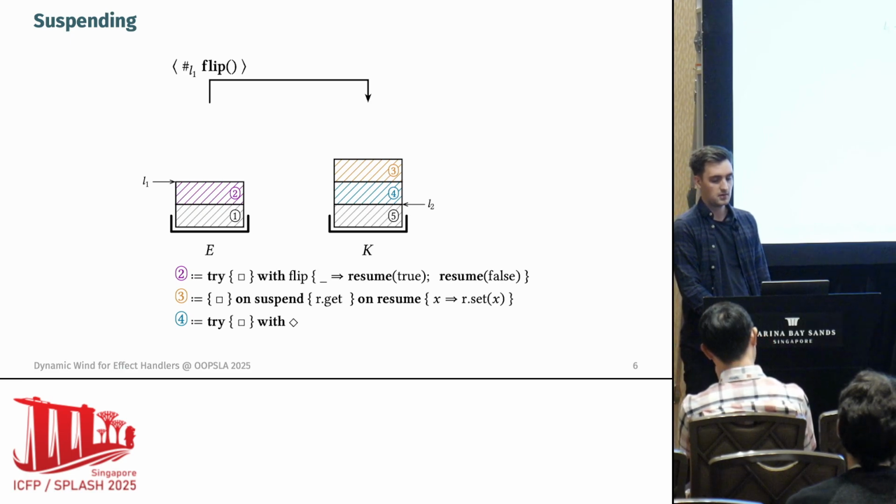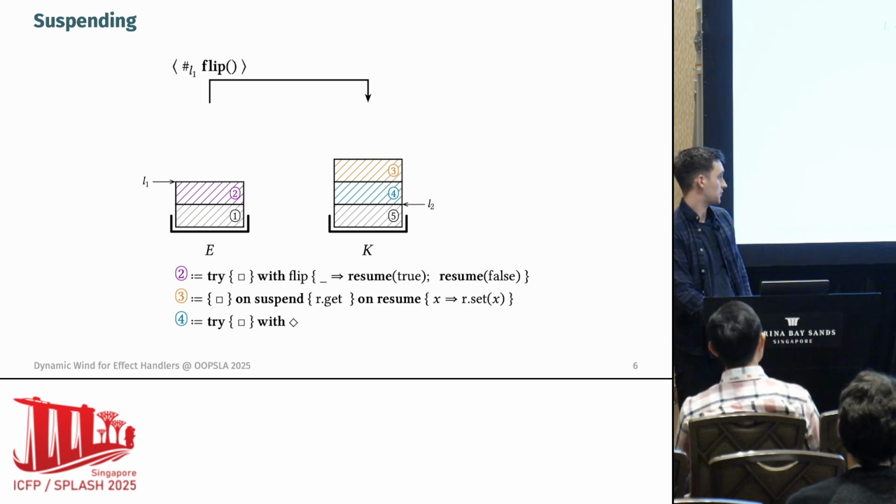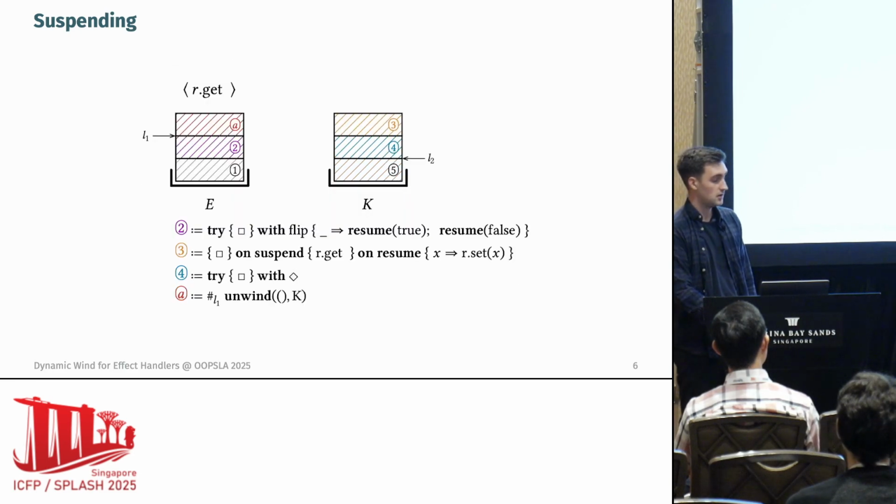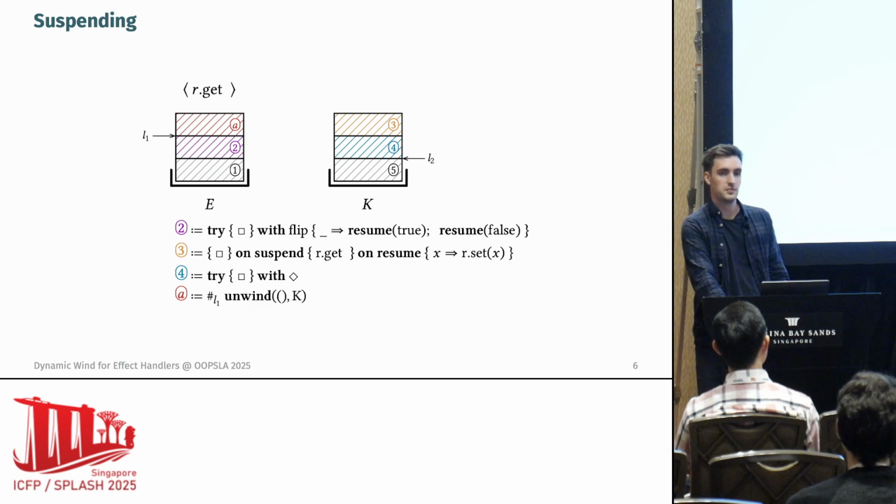That means two things need to happen. We need, of course, to execute the program r.get, but also we need to remember somehow that we still need to continue with this unwinding process later on when this body has been executed. So we are pushing a new frame on the stack that is called unwind, fittingly, and this allows us to remember all the important information to later reconstruct what we were doing.